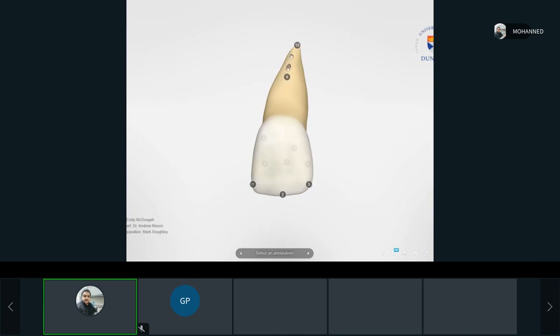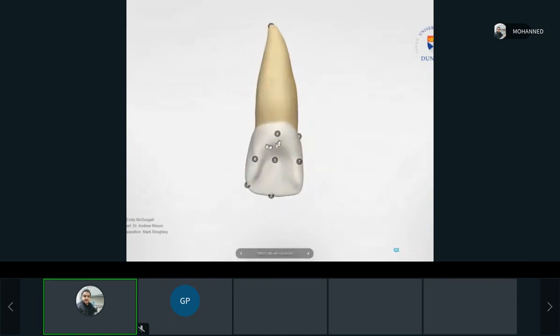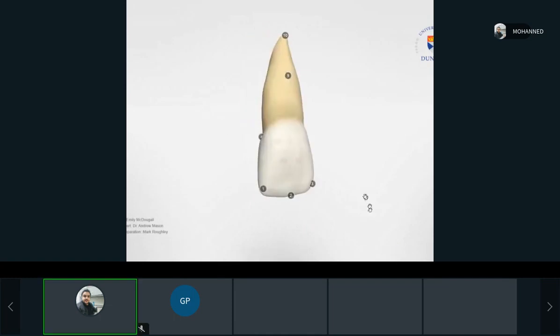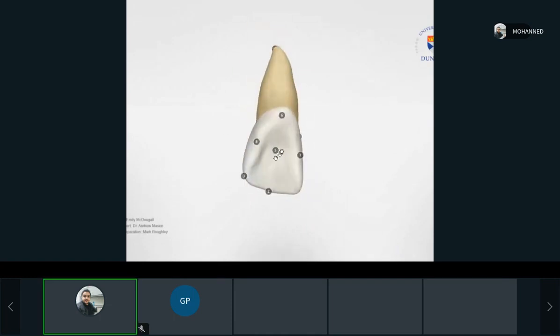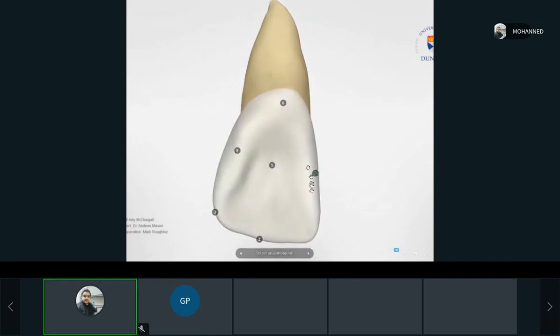Incisors have one root, no cusps. They have a cingulum on the back. They might have mammillons, and they have what we call a lingual fossa. So you can see there is a depression on the tooth. And again, in 3D here, it can be a little bit more clear. You might not feel it on your tooth, and definitely teeth are kind of different.